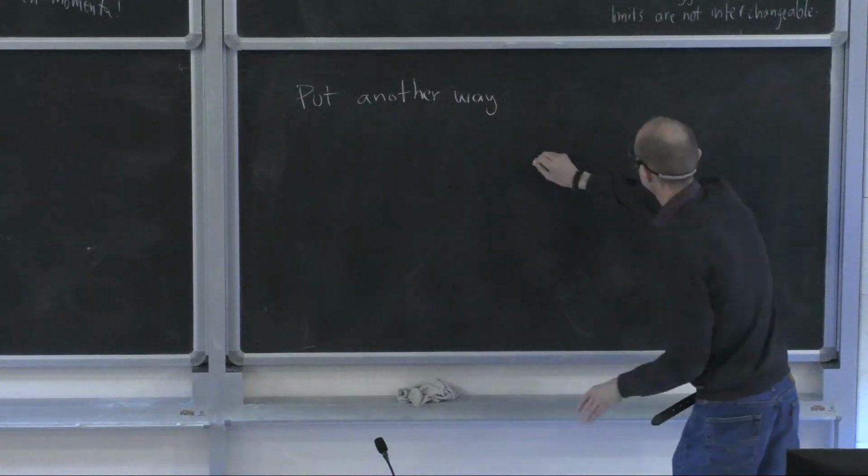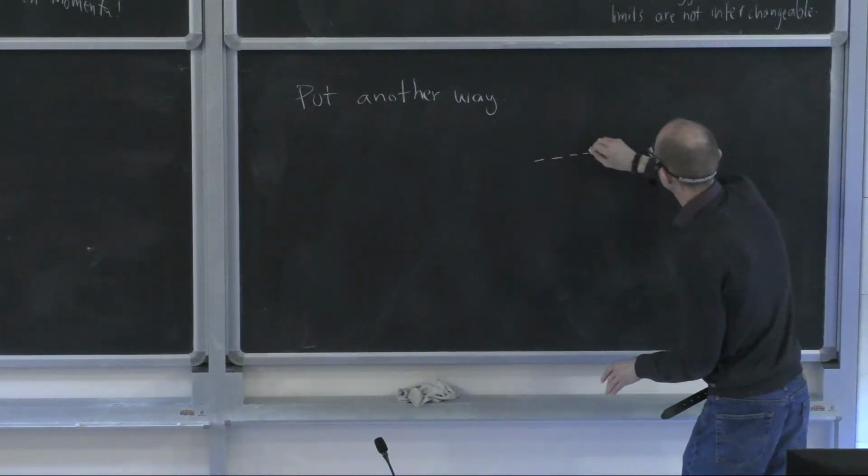I will draw the diagram again. I will try to make it larger so I have some space. Right, and so here are the non-zero modes. It's clear that these I have to integrate out. Here I have the zero mode.